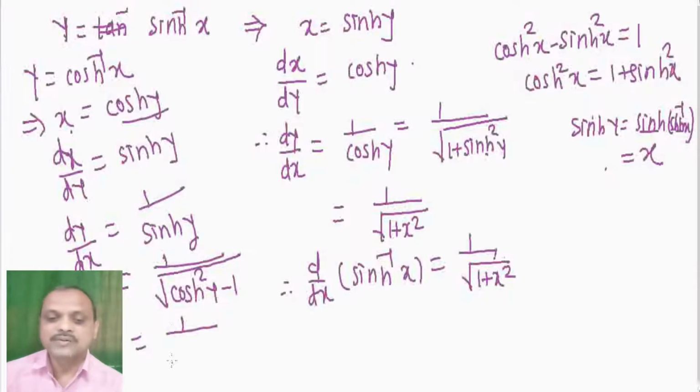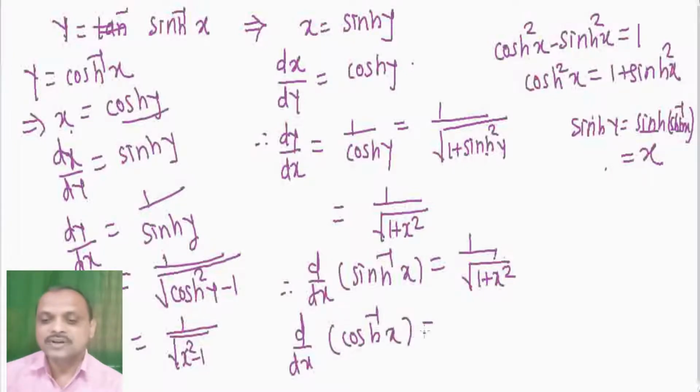So this is equal to 1 divided by under root of x square minus 1, and therefore d by dx of cosh inverse of x equal to 1 divided by under root of x square minus 1. You can see that here sinh y equal to x and here cosh y equal to x. Therefore the derivative of sinh inverse of x equals 1 divided by under root of 1 plus x square, whereas the derivative of cosh inverse of x equals 1 divided by under root of x square minus 1.